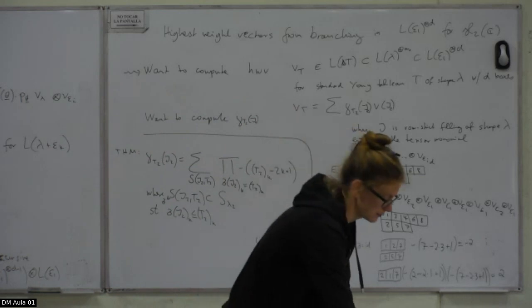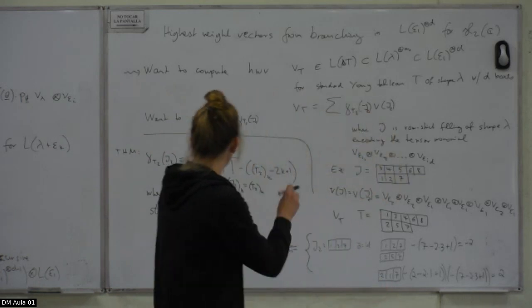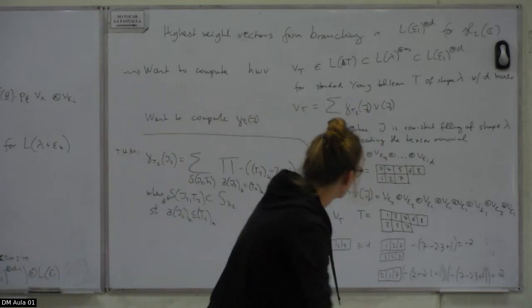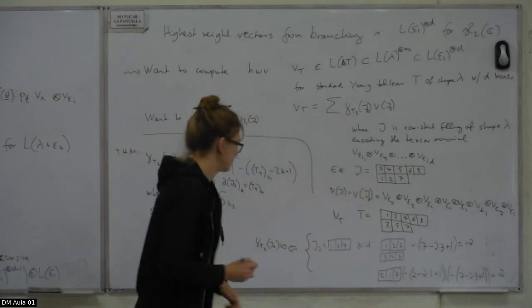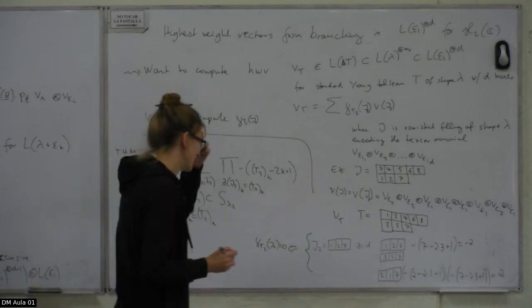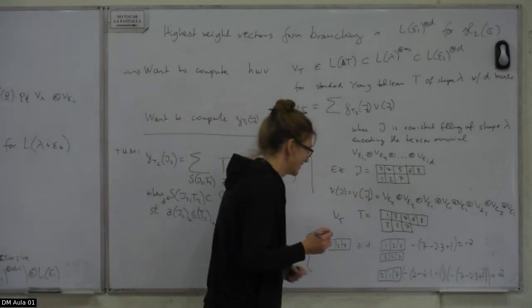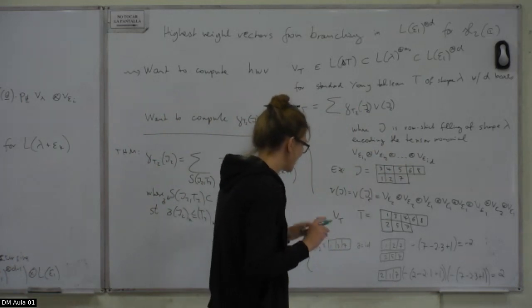Maybe it looks like bulky formulas, but it's really as easy as that to compute these things. And if you want some maybe more satisfying example, then let's cheat a little bit.